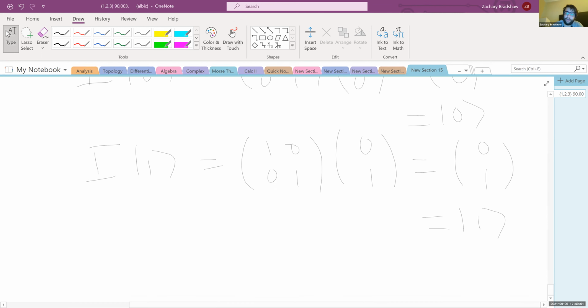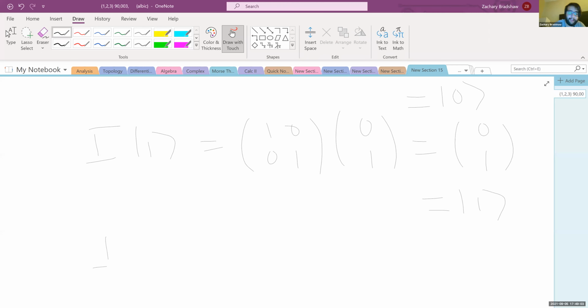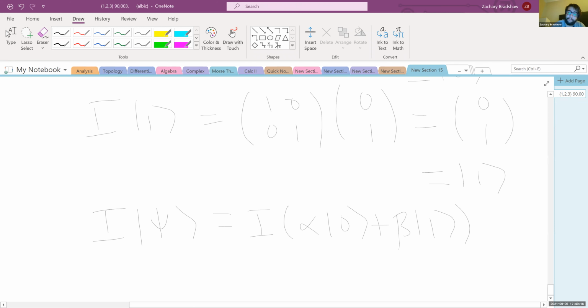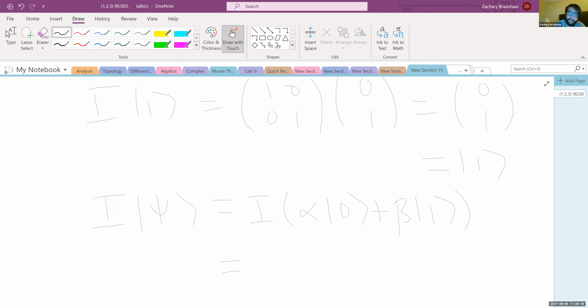Okay, so how do we deduce how I acts on an arbitrary vector from this? Well, an arbitrary vector can be written as alpha 0 plus beta 1. And we know that I is a linear operator, so we can distribute like this.